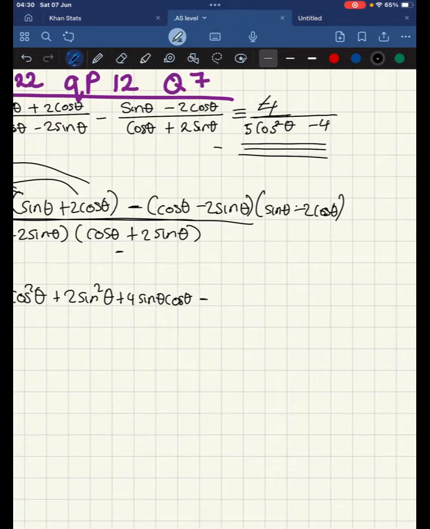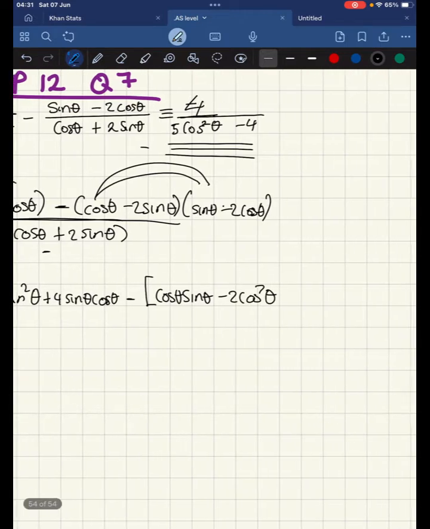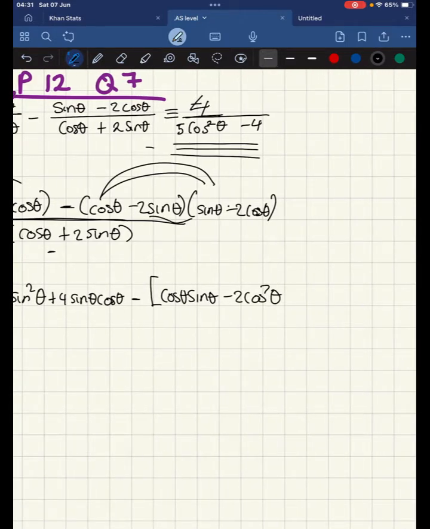Okay, then we move to the sine. I'm going to put this in a bracket. This becomes cos, this becomes, go this way, go that way, we go this way, and then we go that way.